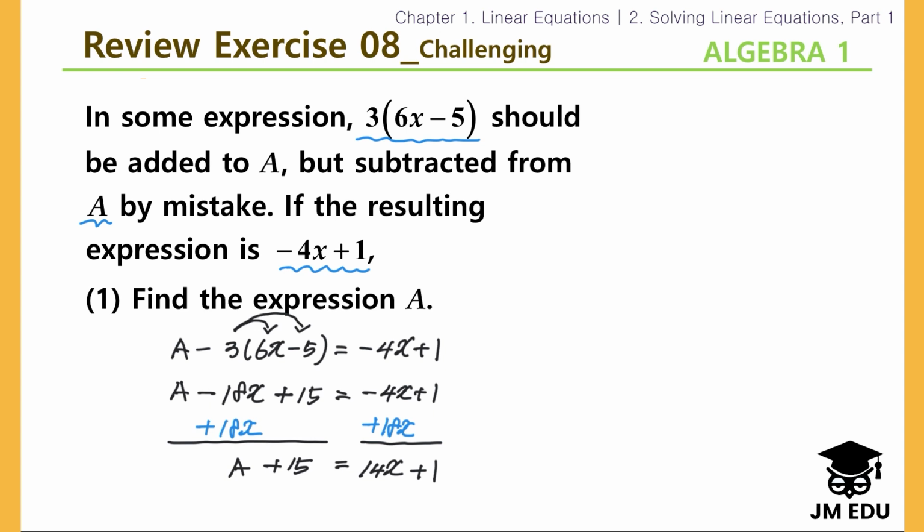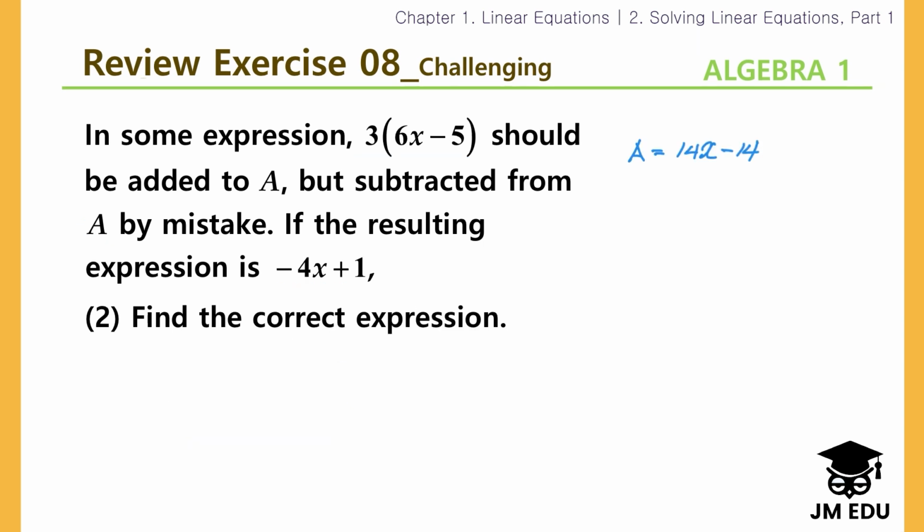Now subtract 15, right? Subtract 15 each side to eliminate 15 on the left hand side. This is going to be a is equal to 14x, well, plus 1 minus 15, that's minus 14, right? So a is 14x minus 14.